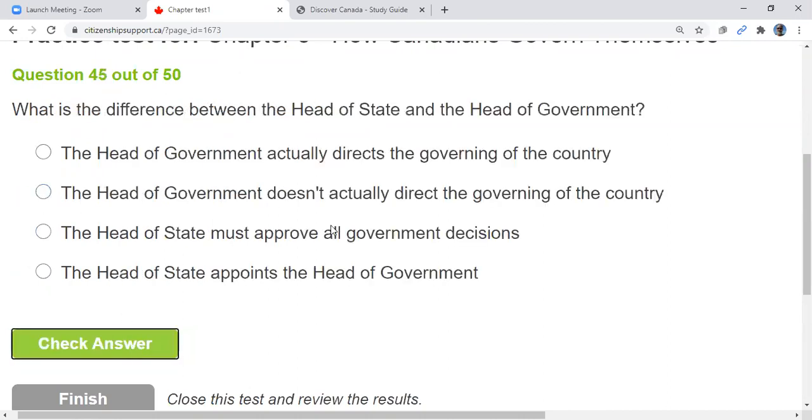What is the difference between the head of government and the head of state? Number 1, governing of the country. Yes, the head of government governs the country. Very good.